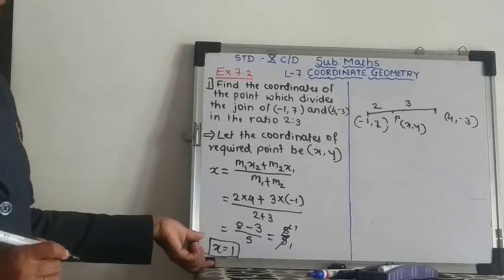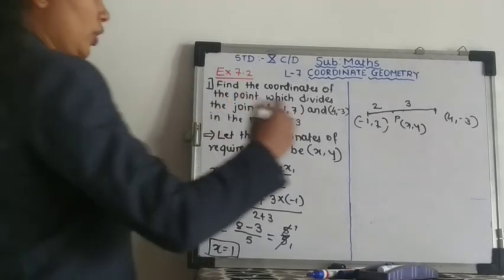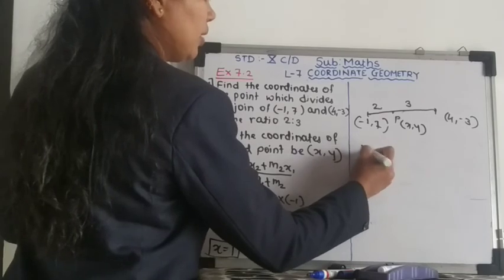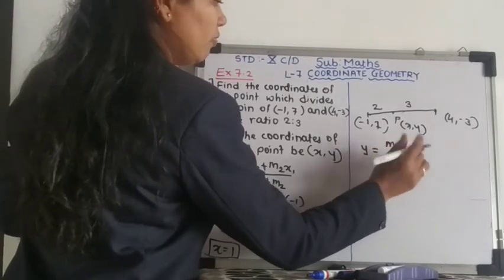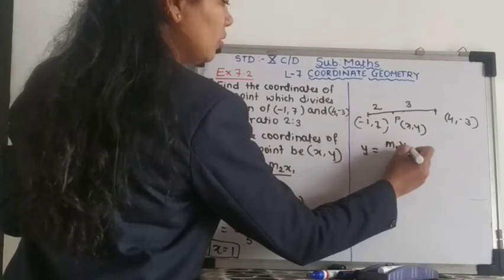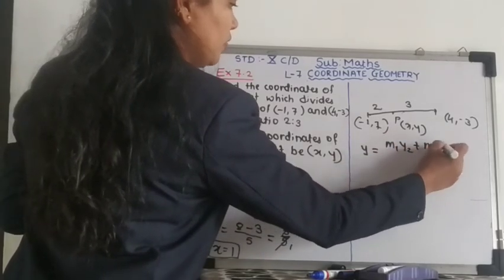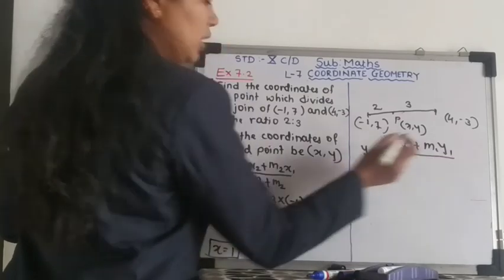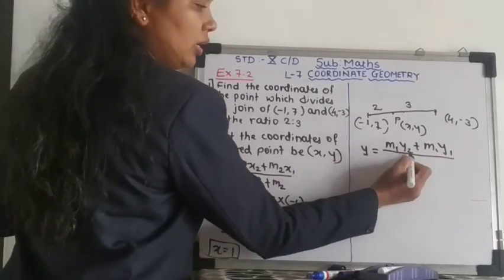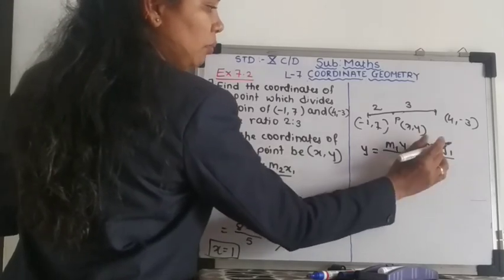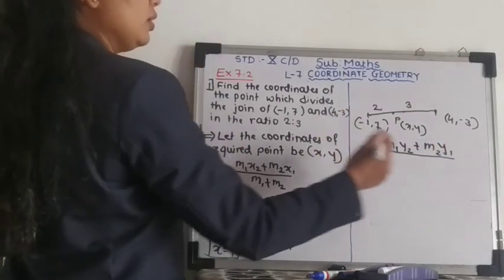Now let us find the y coordinate. So for the y coordinate, what was the section formula? y is equal to m1 y2 plus m2 y1. Remember, see, when we are taking m1, at that time we are taking y2, and when we are taking m2, at that time we will take y1.